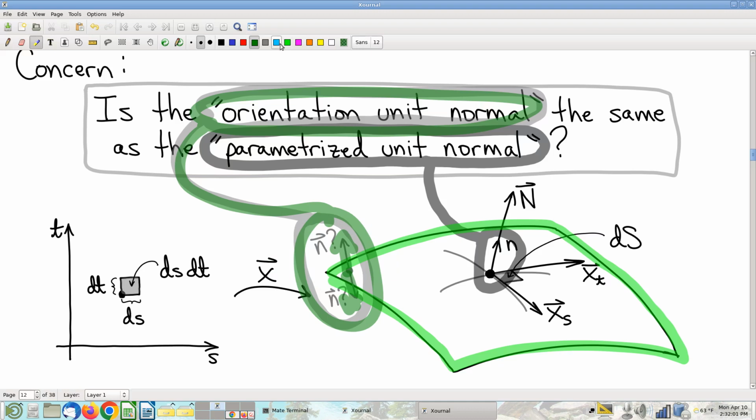Now that said, when you try to answer the question, you parameterize, which is going to give you your various partials, which you can cross to get your capital N vector, which you can then normalize, which will give you what we've called the parameterized unit normal. Where in the process of parameterizing did we plan and arrange for this unit normal to point in the same direction as whichever one the surface was defined as being its unit normal?